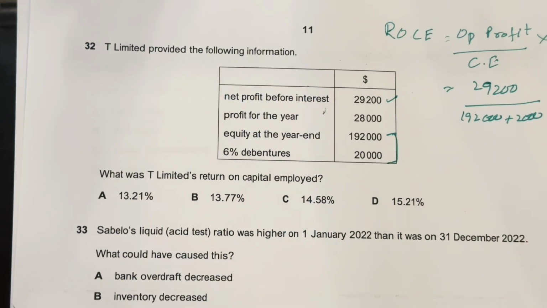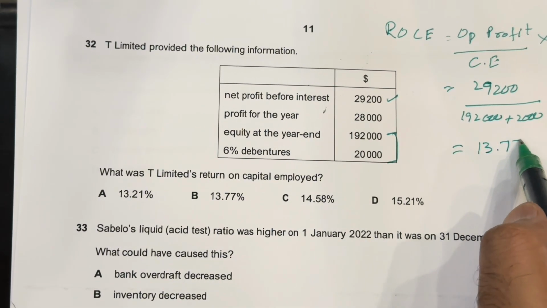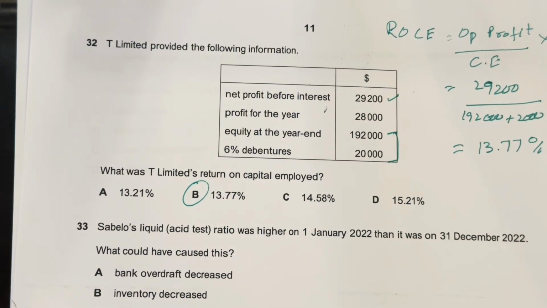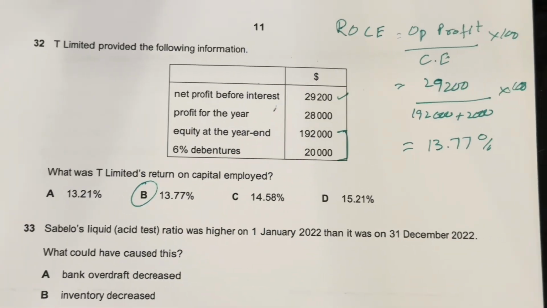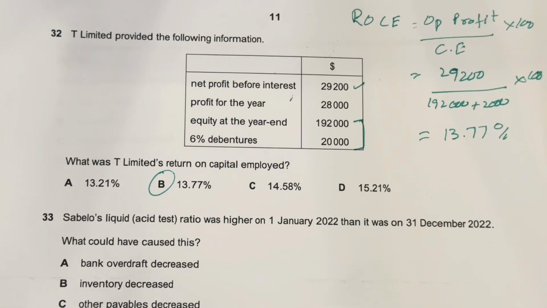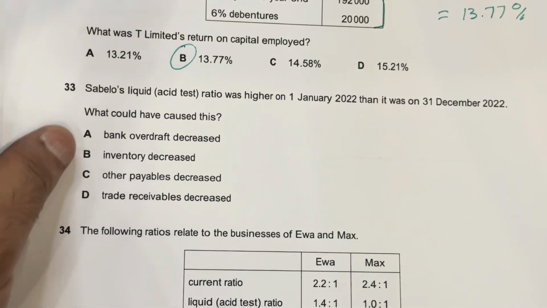After putting those values and calculating from the calculator, our answer will be 13.77%. This is the B option. So B option is the right option for this question.